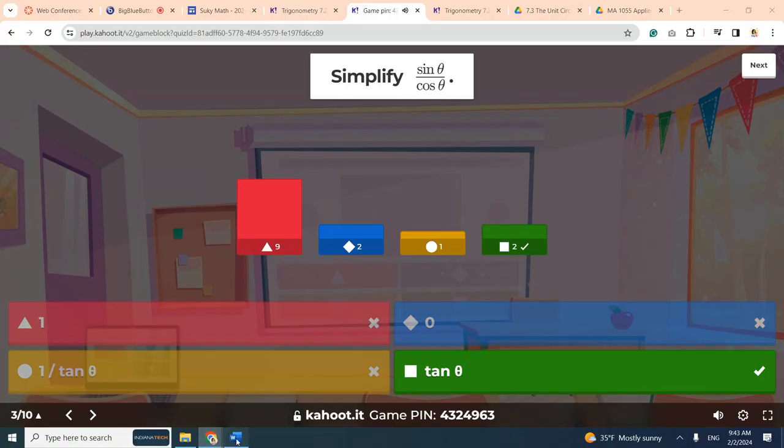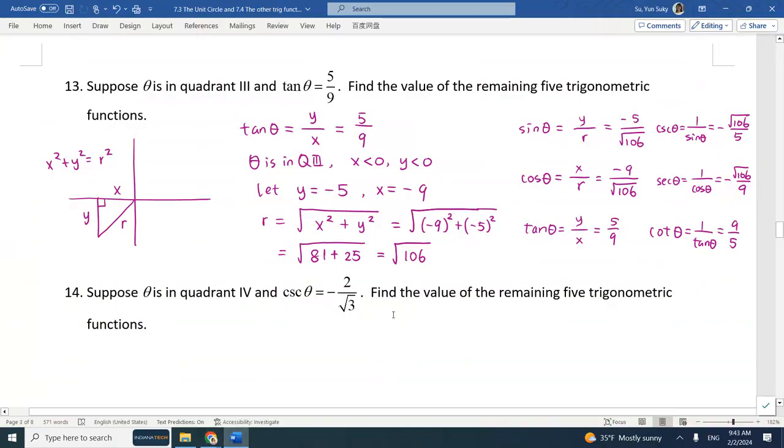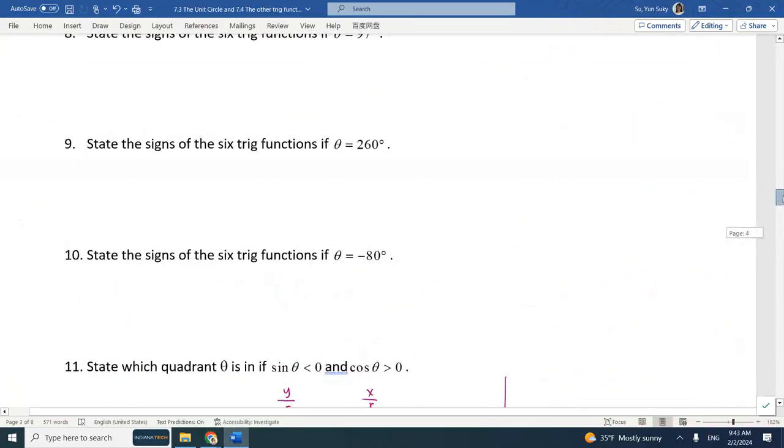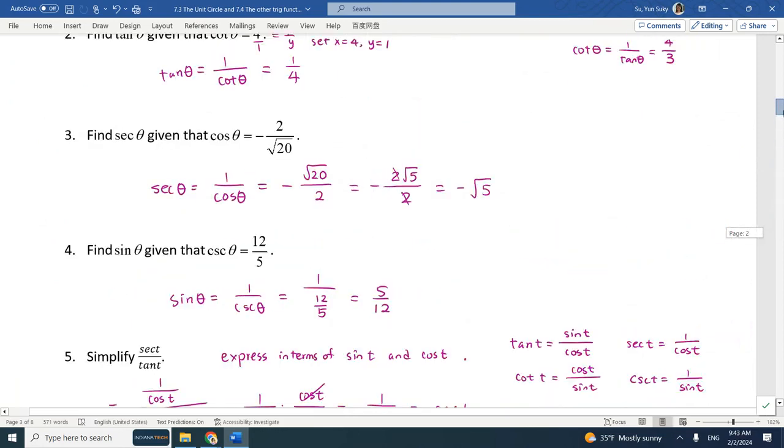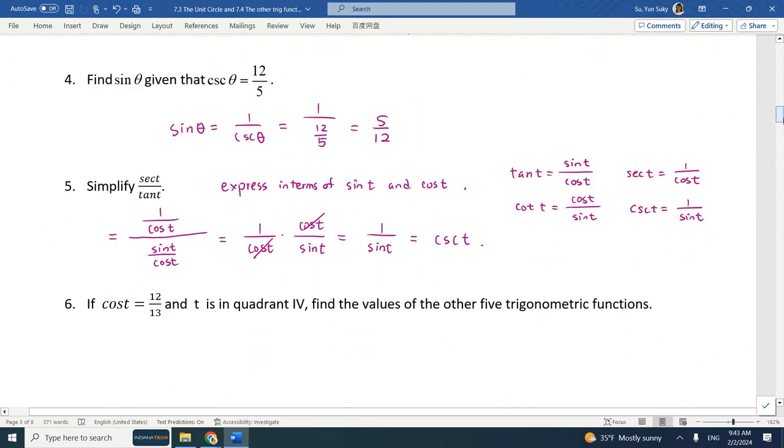Do you remember last class we talked about we can express everything in terms of sine and cosine? Tangent, sine over cosine. Cotangent, cosine over sine. Secant, 1 over cosine. Cosecant, 1 over sine. Okay? So sine over cosine is tangent.